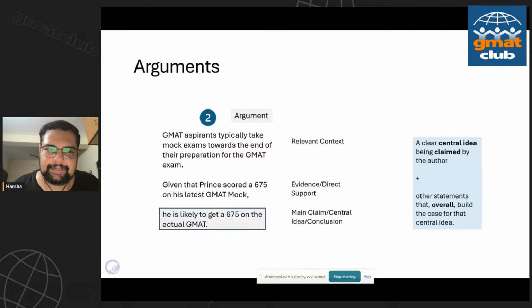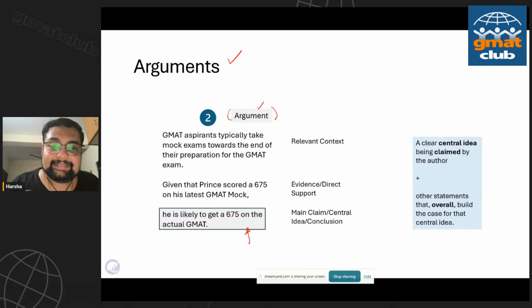On the other hand, the second case I gave you is what we call in critical reasoning an argument. Why? Every sentence there is trying to build the case for the point the author is making. Firstly, the author told you some context about mocks. He's establishing the relevance of mocks with regard to the GMAT. People typically take these mocks towards the end of their prep.